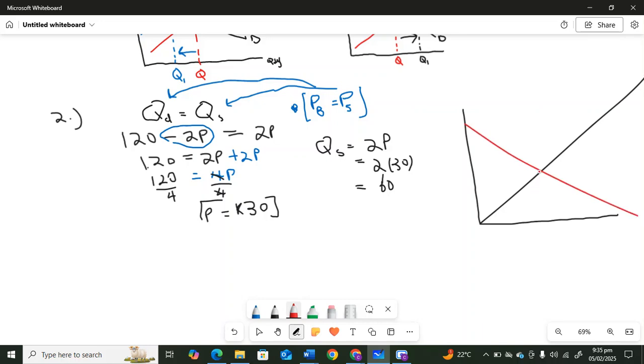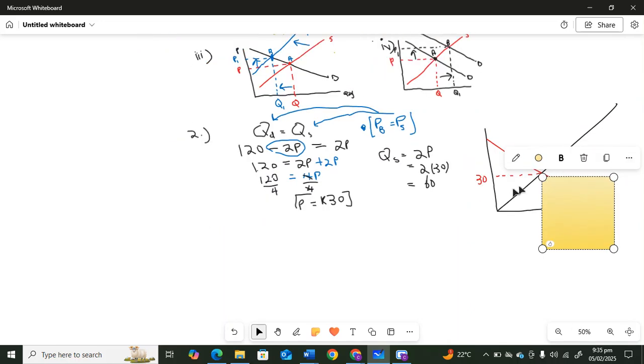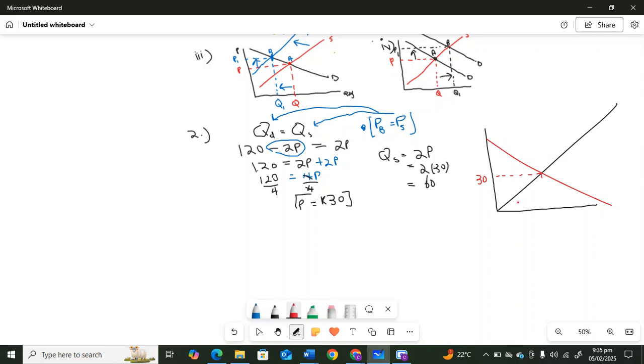Any questions? Okay, so if you had to put it on the supply and demand curve, this is how it's going to look.